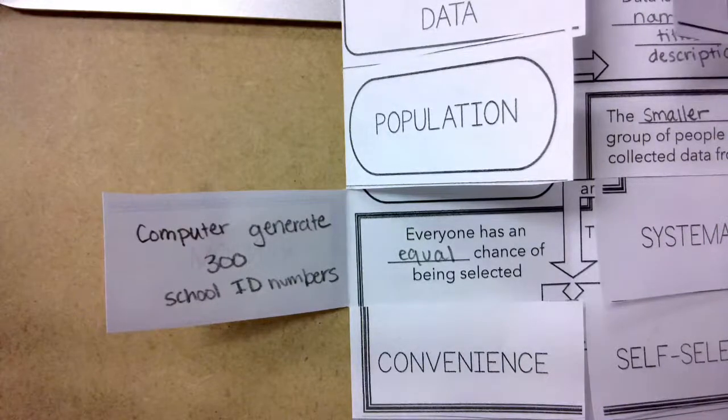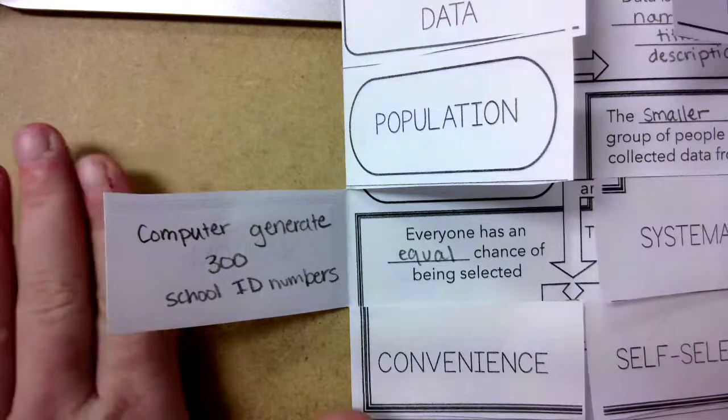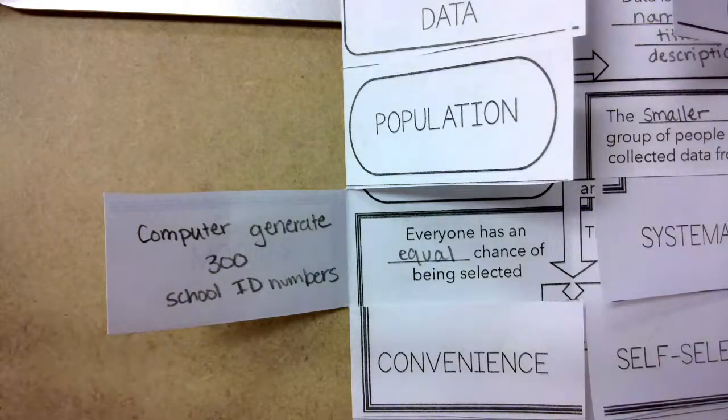Why is alphabetical so hard to spell? In an alphabetical list, we choose every 5th person.